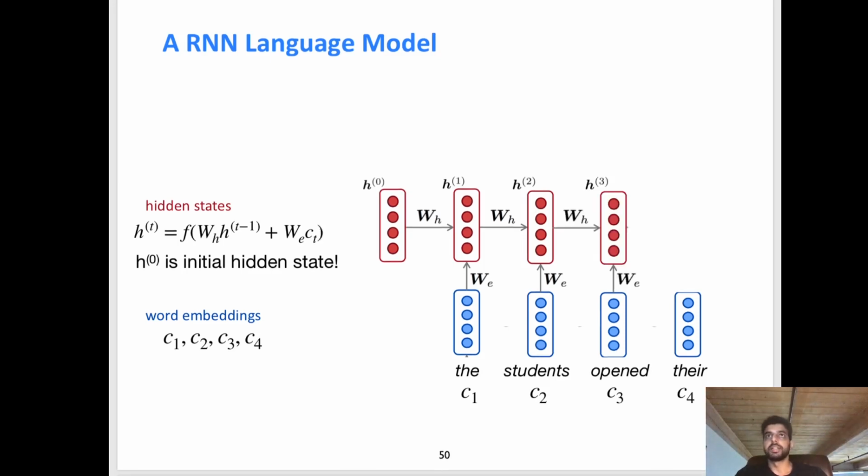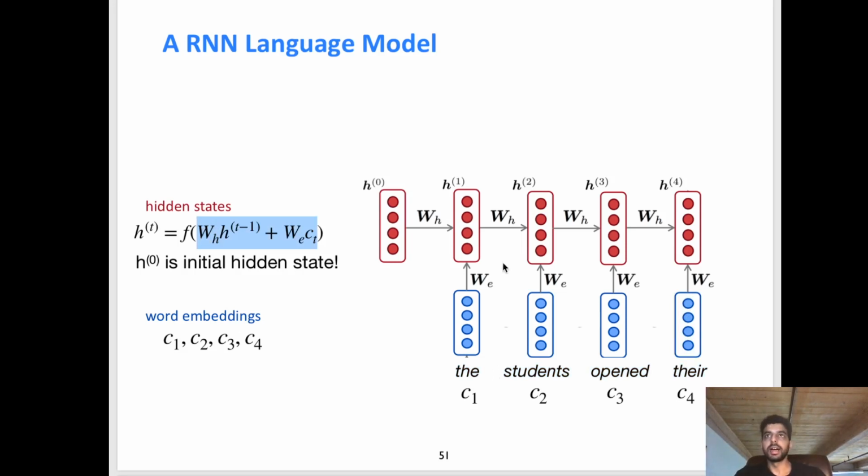So here I'm going to integrate the third word, "opened," and finally the fourth word, "there." And now this representation, h sub 4, has information about all four words that occurred in the prefix, right? This h sub 4 is a function of every single word embedding in the prefix, as we saw with this recursive equation.